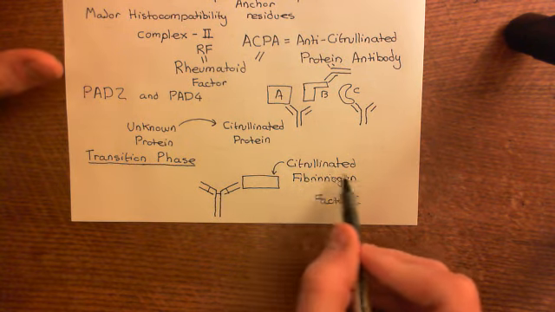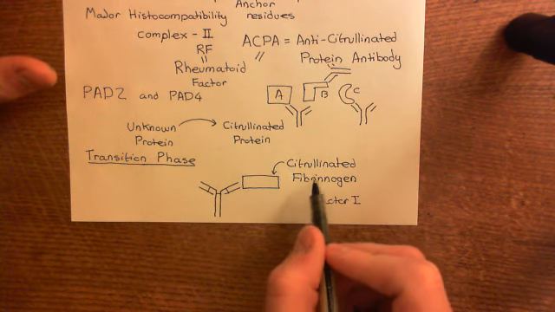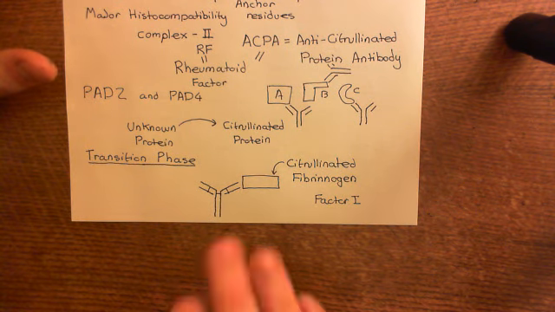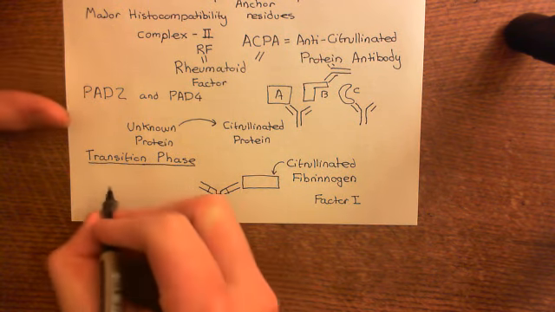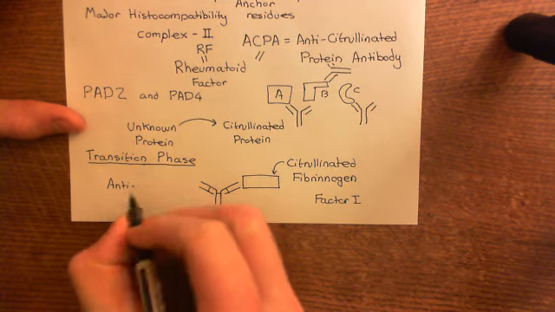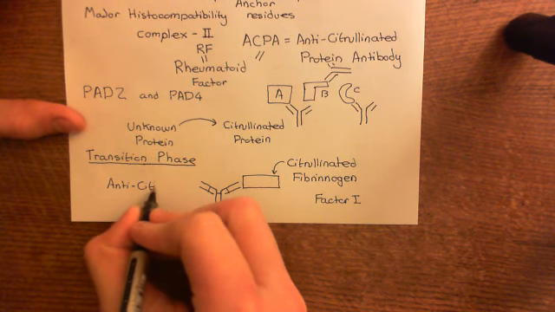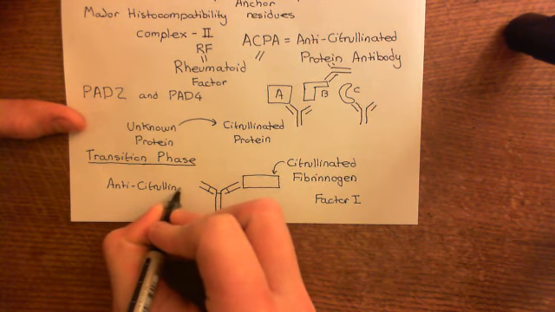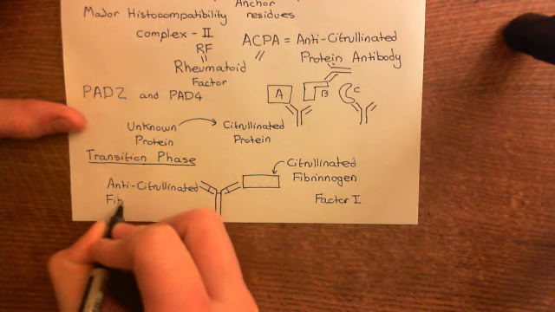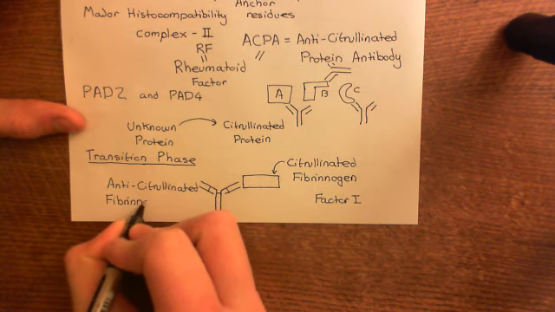So you can also get citrullinated fibrinogen, which has had some of its arginine residues citrullinated and therefore potentially has changed shape. And now we start producing an antibody which specifically binds to this citrullinated fibrinogen. So this is an anti-citrullinated fibrinogen antibody.